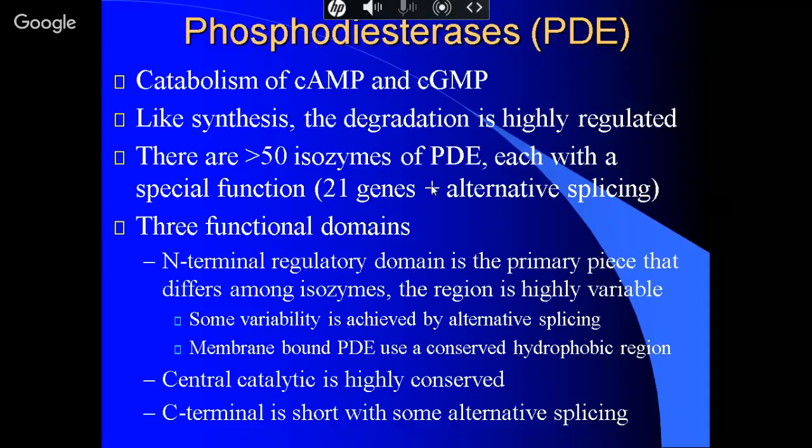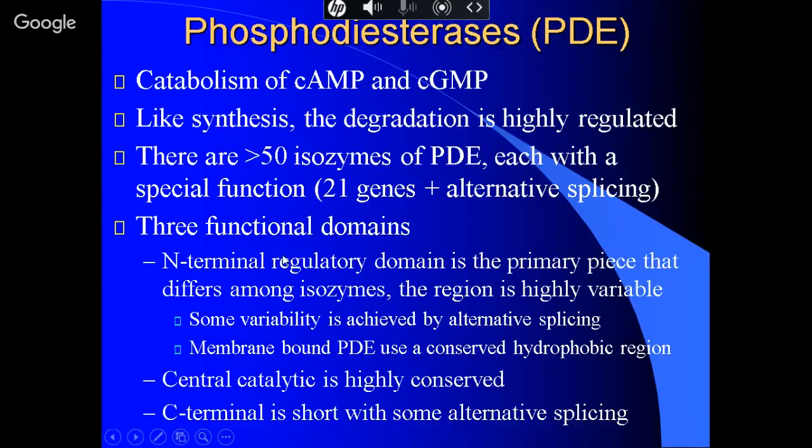The more diverse the family, the more likely you are to be able to interact in a very subtle, sophisticated way. Nine adenylate cyclases is a lot, but on top of those, 10 counting the soluble form, you have 50 phosphodiesterases. 21 different genes are involved, and you have alternative splicing. This is an extreme customization.